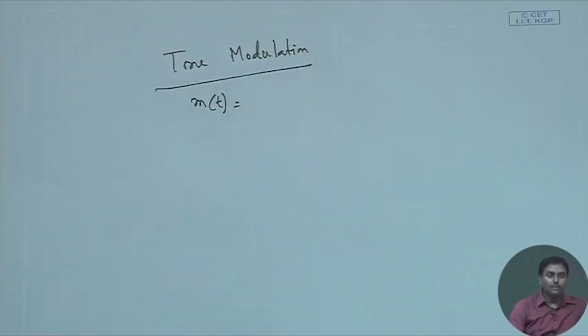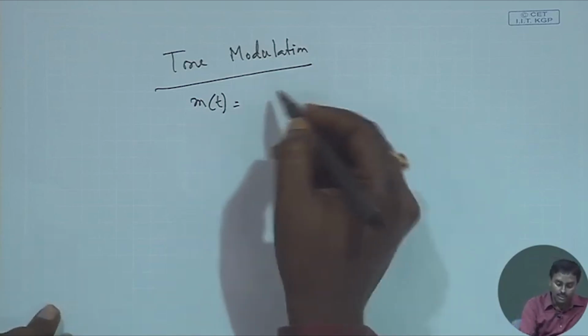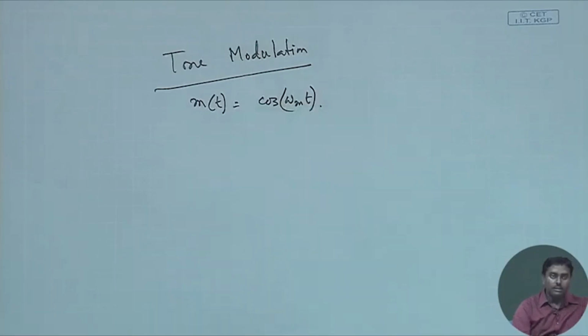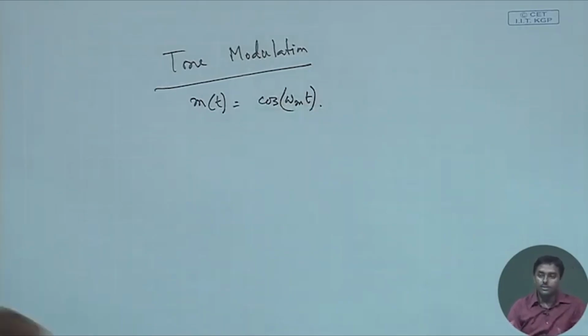Actual modulation will never be that, because modulating signal, we have already discussed, must have some randomness in it. If we just say it's cos omega mt, it is not carrying any information. But this is just to say how the modulated signal will look like, what should be the frequency spectrum of it and all those things.